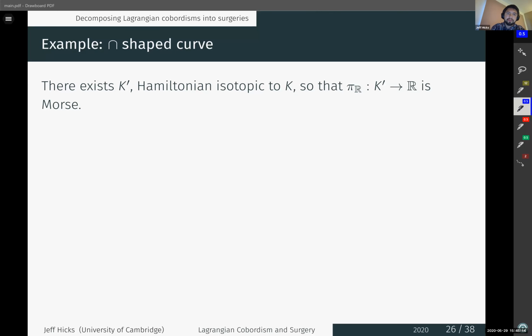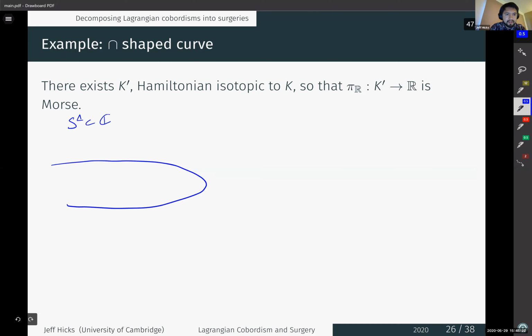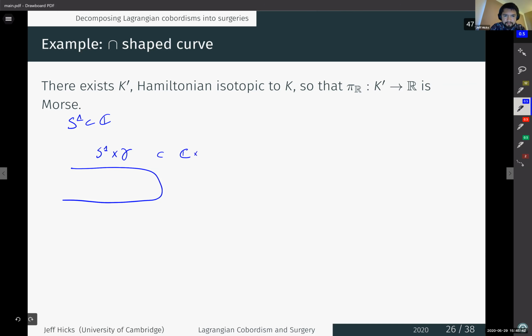So maybe an example to look at over here is if you look at S^1 inside of C, and you look at S^1 cross gamma, a Lagrangian cobordism inside of C cross C. Then this is an example of a cobordism where projection to the real coordinate is not Morse.